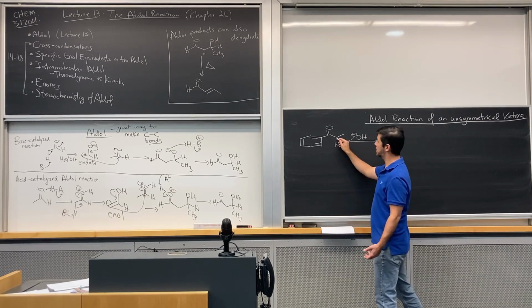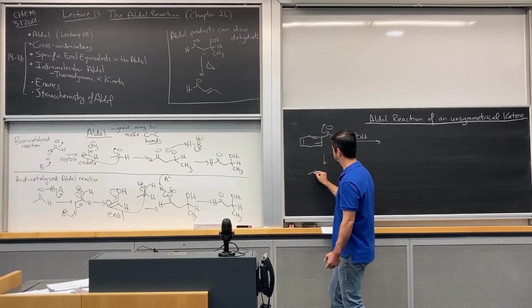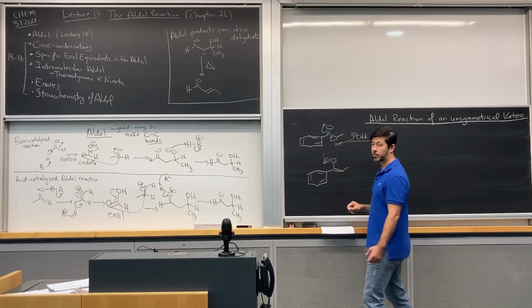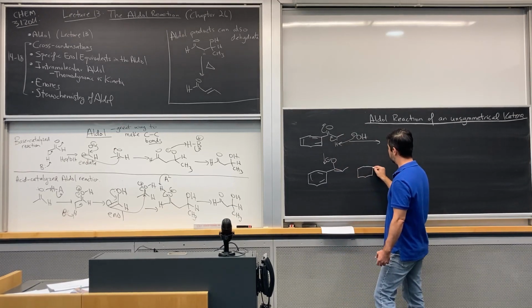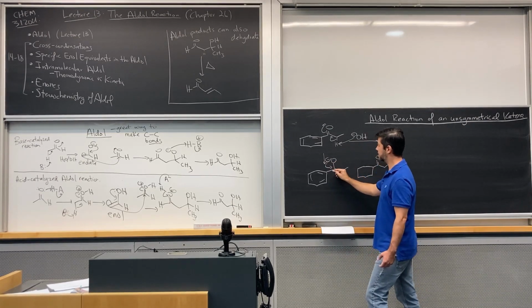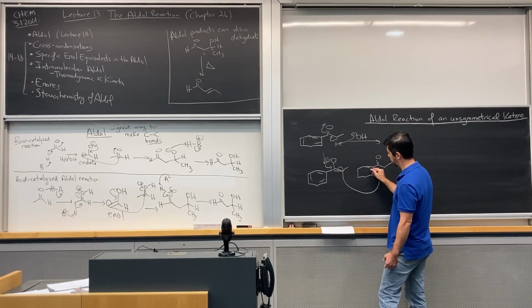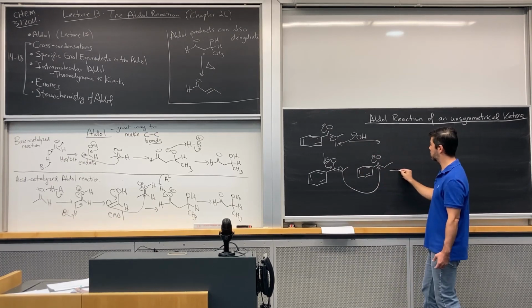Hydroxide will remove the proton. You will form the enolate. And then the enolate can react with another molecule of itself. So the electrons come back down, electrons go through the carbon, and attack that ketone as I'm showing you.